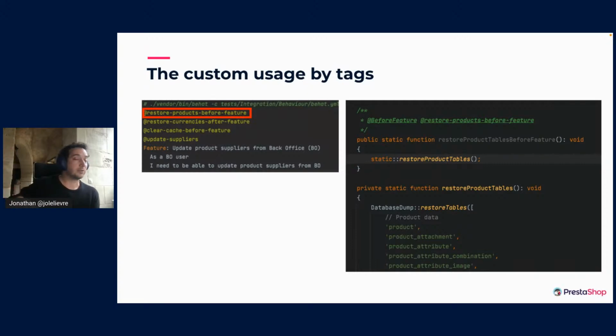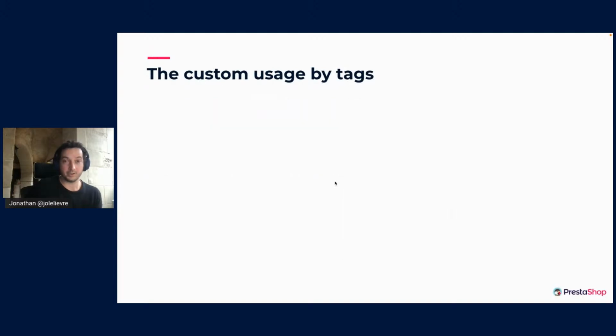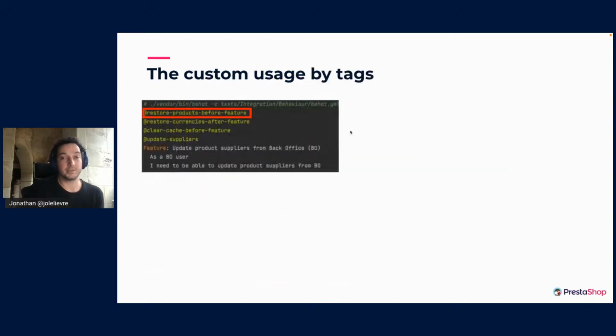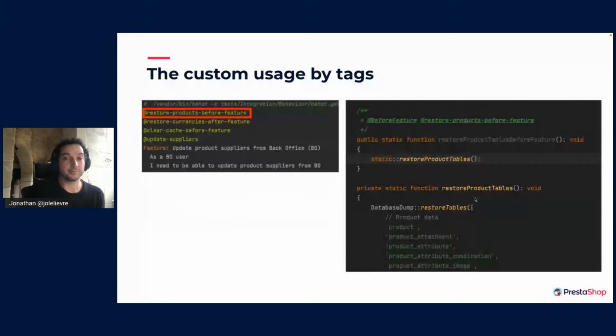So there is a list of, I don't know, maybe 20, 25 tables related. So every time a Behat test for product starts, we clean everything so that we know we are back to the initial state. And it's much more useful to have a single tag to do this, because if we used the previous step, we would have a very, very long line, which wouldn't be really easy to read and wouldn't be very easily maintainable, as we always need to restore the same tables anyway for products. So for those cases, the tags are much easier to use.